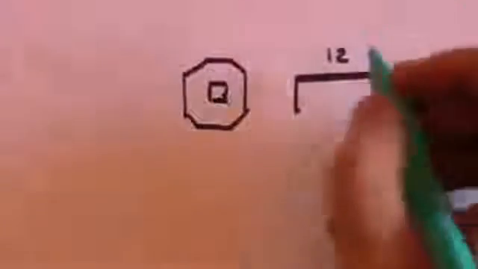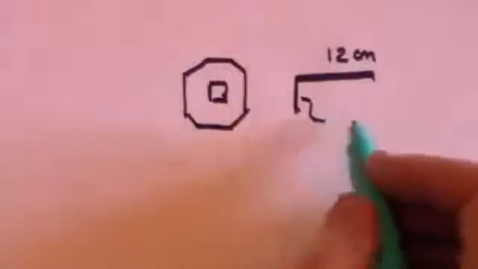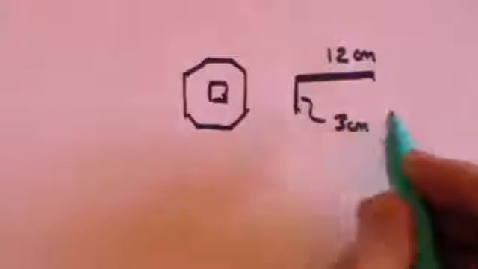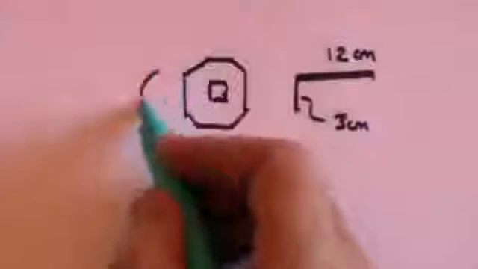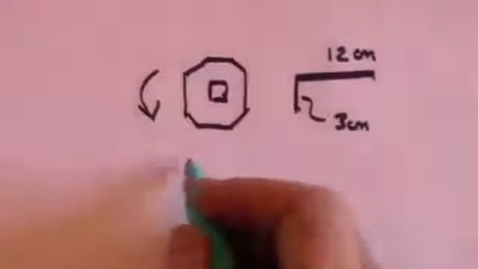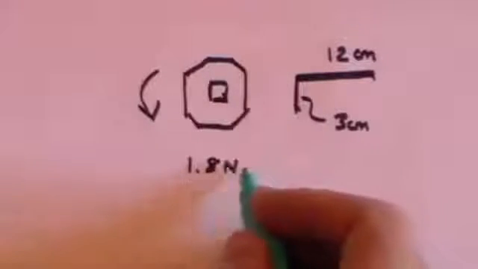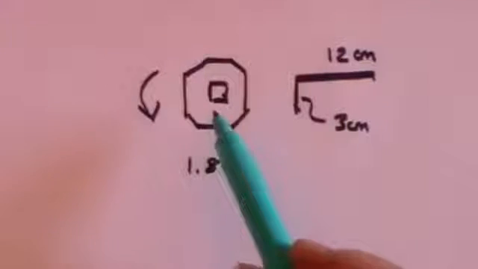And what we want to know is, what's the better thing to do? I can tell you that this end of the Allen key is length 12 centimetres, and this end of the Allen key is 3 centimetres. And I can tell you that if you want to undo that nut, you're going to need a moment of 1.8 Newton metres. That's the total moment that will unscrew that nut.